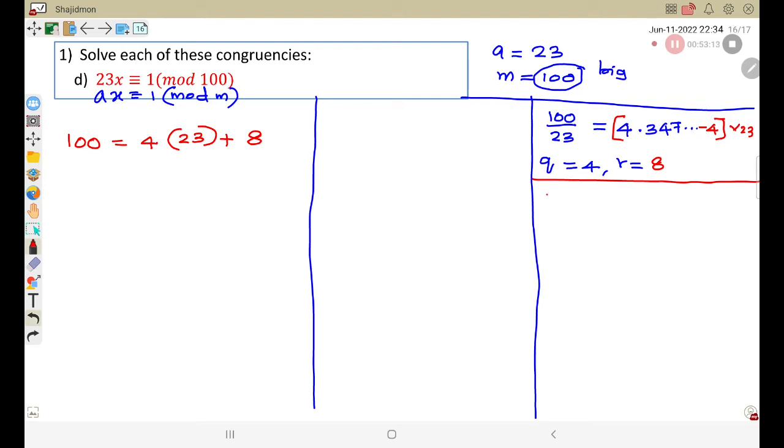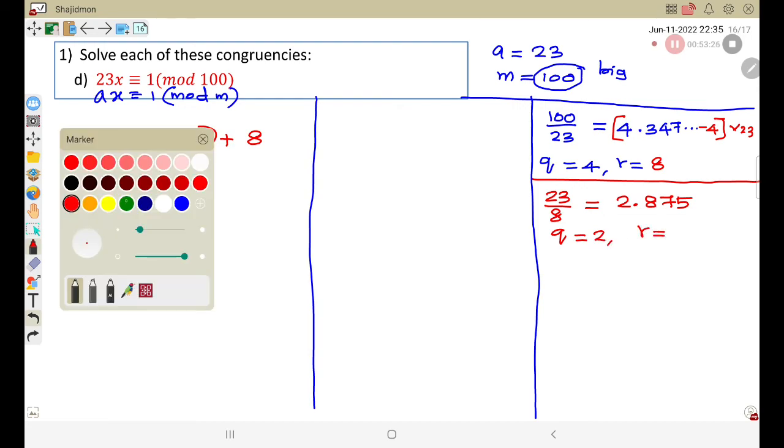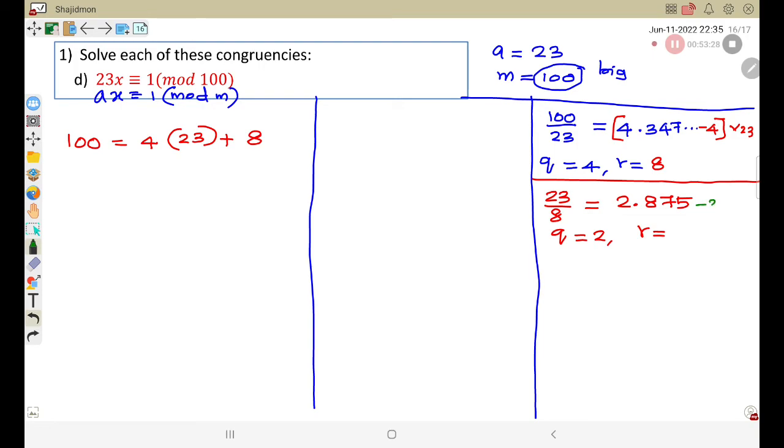Now 23 and 8 we will select. 23 divided by 8 is 2.875. So the quotient is 2. The remainder we can calculate: opposite of the quotient, multiply the divisor number 8, you will get 7. So 23 equals 2 times 8 plus 7, correct?